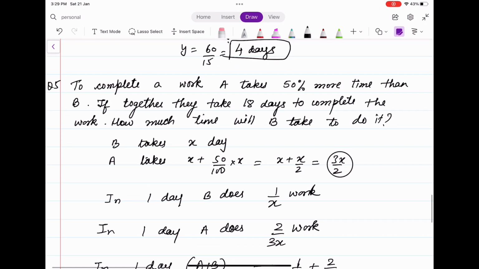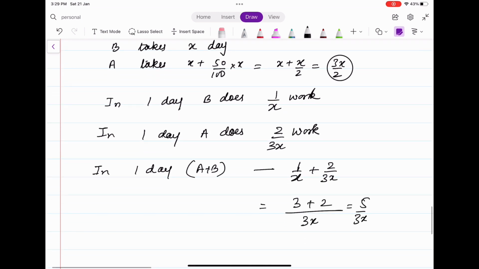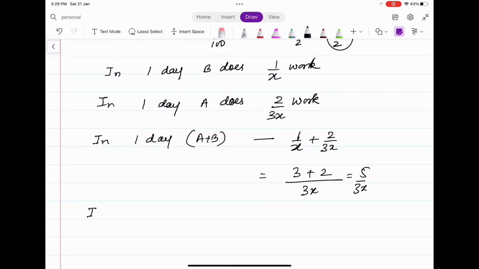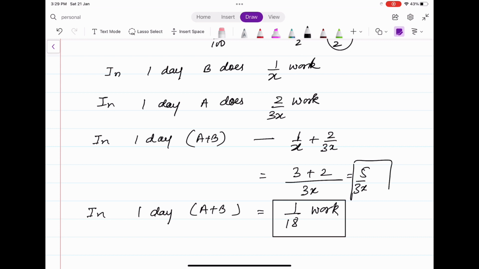Now here they have given in the question, if they work together, they take 18 days to complete it. That means in one day, if A and B are working together, they will do 1 by 18 work. So this and this are same.